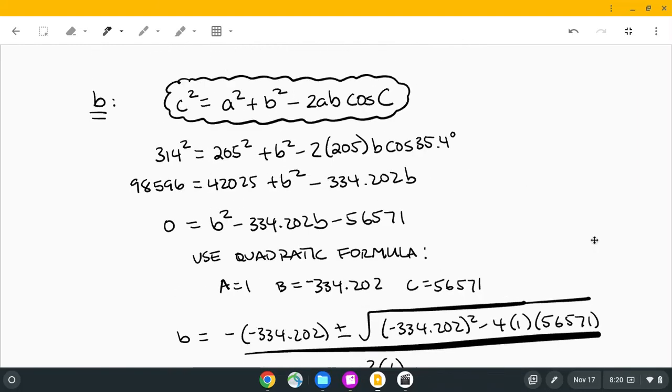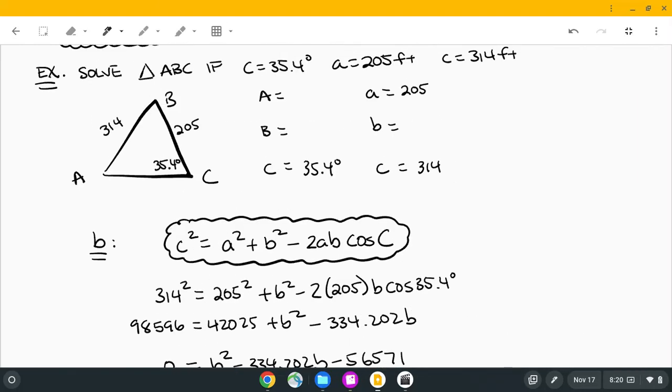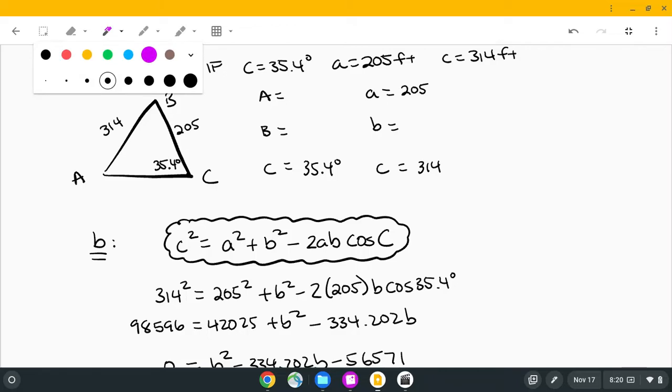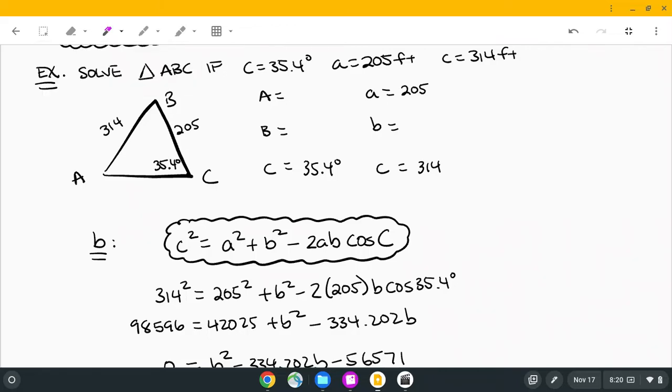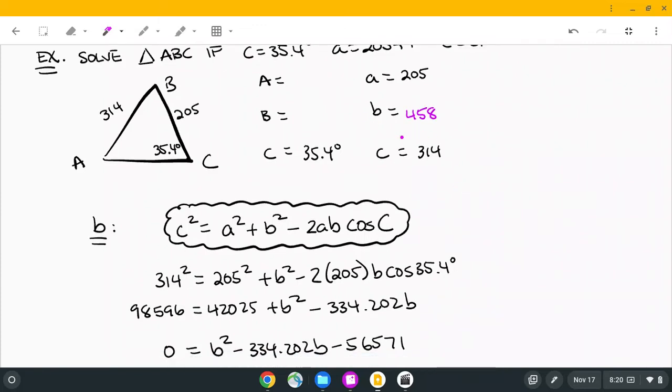Okay, so let me go ahead and fill in my triangle up here. So this here is 458. And then here we can solve for A and for B. We can use law of sines to solve for A and B here.